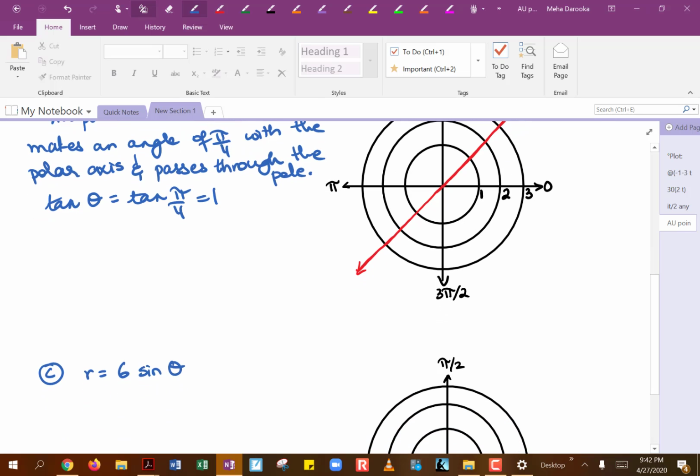So tangent theta will be 1. So if you have tangent theta as y over x, and tangent theta over here is tangent of pi over 4, which comes out to be 1.